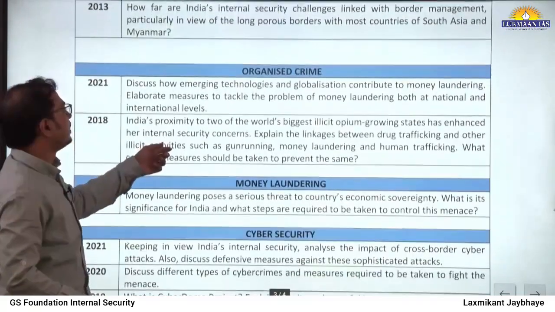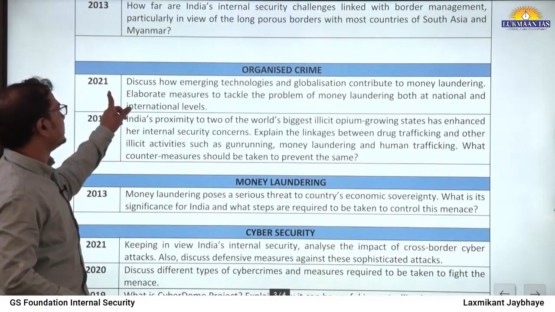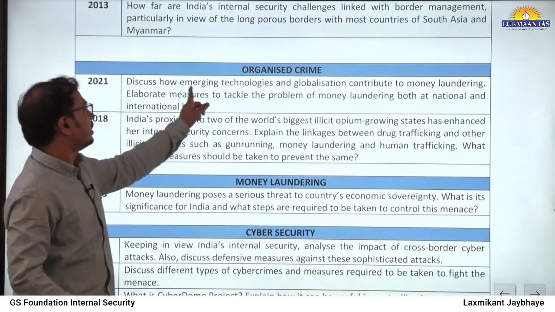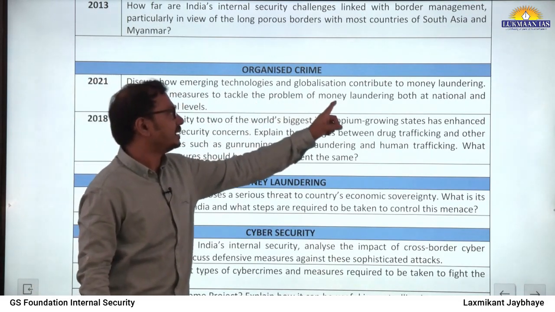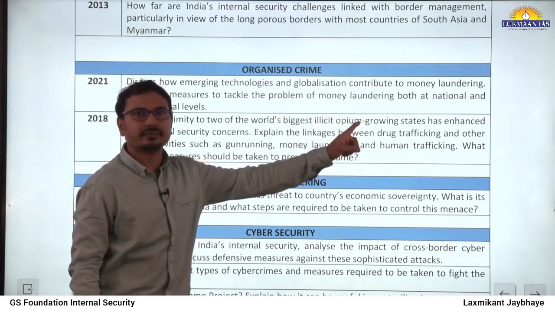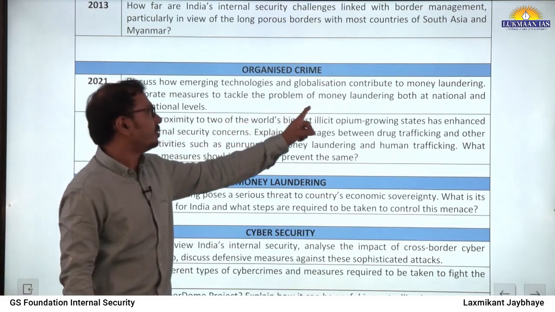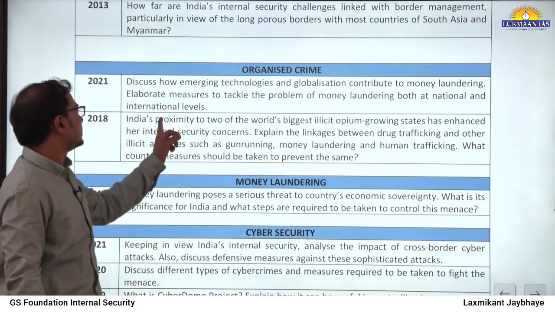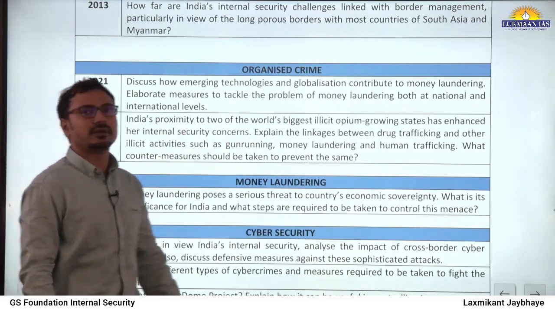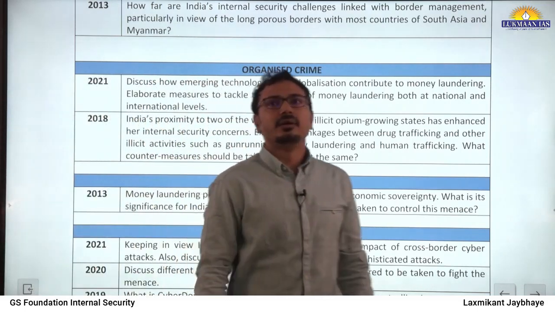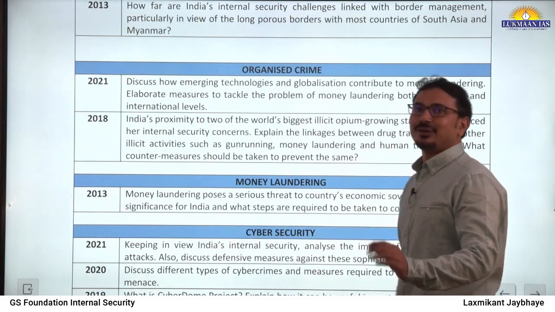Now you can see here the question on money laundering this year, yesterday. Discuss how emerging technologies and globalization contribute to money laundering. Elaborate measures to tackle the problem of money laundering both at national and international levels. Right? Now, emerging technologies.